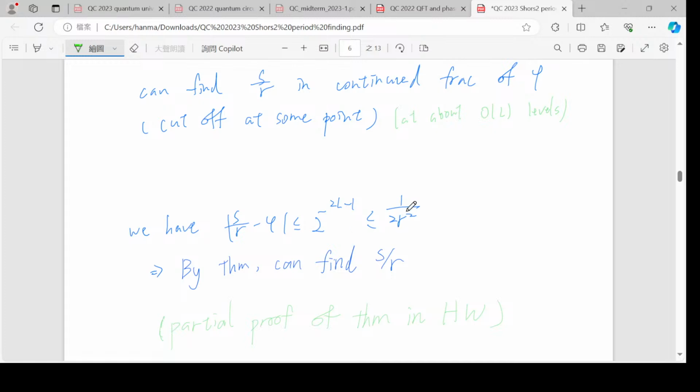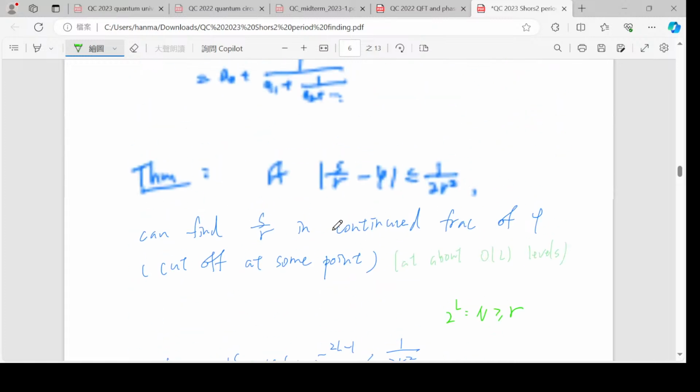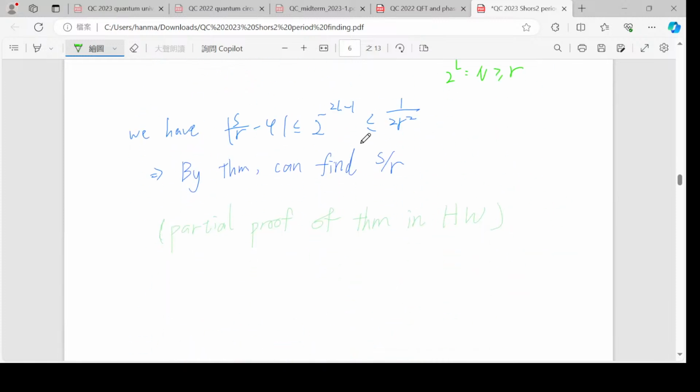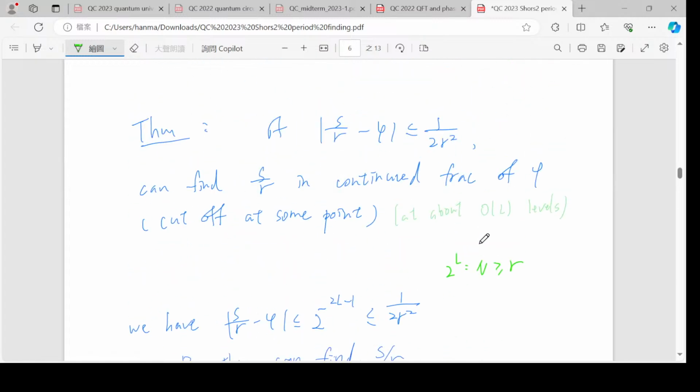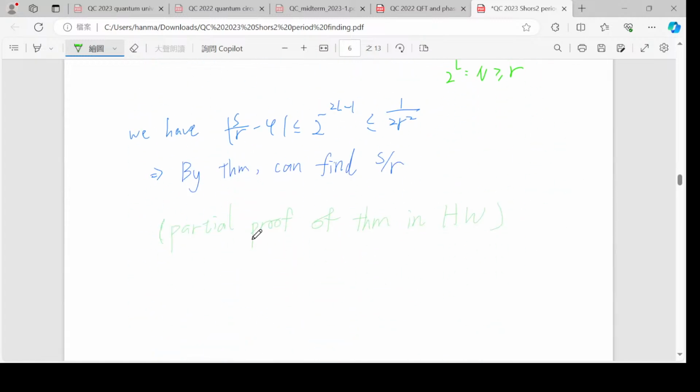And R is less than 2 to L. So here, I guess I can write here, 2 to L equals N, and that's greater or equal to R. Okay. And yeah, so this 2L plus 1 bit precision is enough to apply this theorem, and we say that the continued fraction algorithm can find S over R. Okay. And then you will see this in a few more details, although you will still not have the full proof.